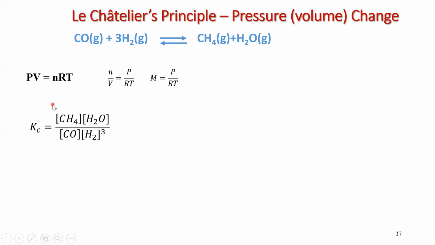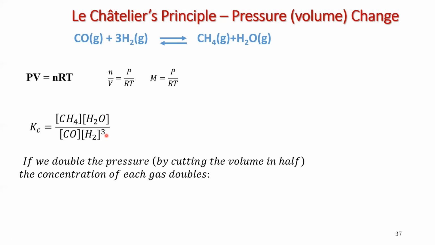So let's look at this system again. And we're at equilibrium. We have the concentration of the products over the concentration of the reactants raised to the power of the coefficient in the balanced equation. And then let's say that we cut the volume of the reacting container in half. Well, when we do that, that's going to double the pressure.